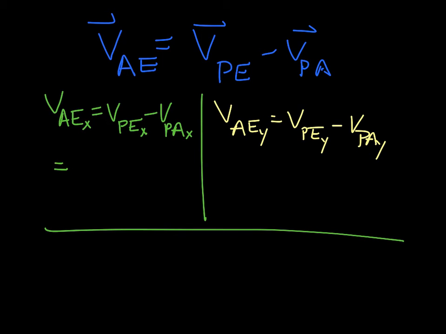So let's plug this in. You know that V_AE runs this way, so if we break it into x component, y component, this is your angle theta. Our x component is going to be cosine, so this is 425, because that's what the observer on Earth sees, 425 cosine.